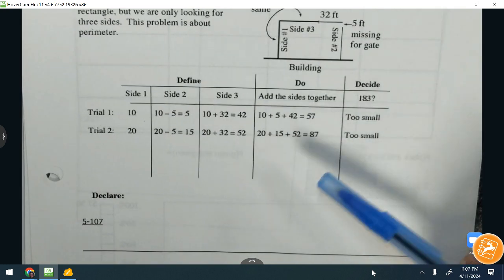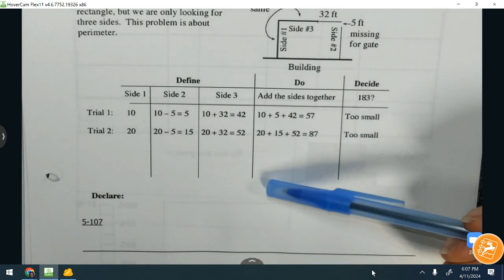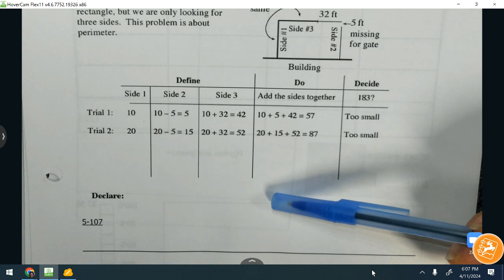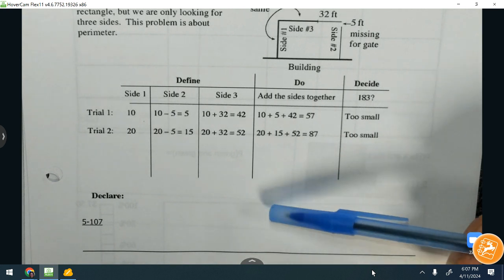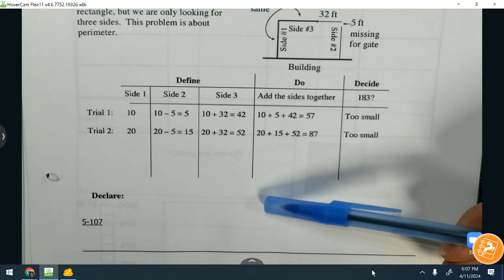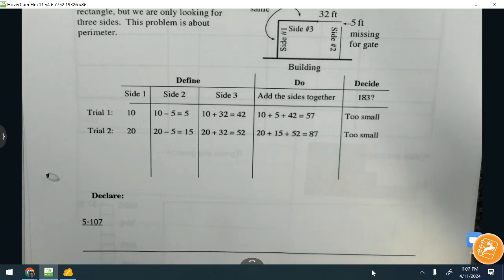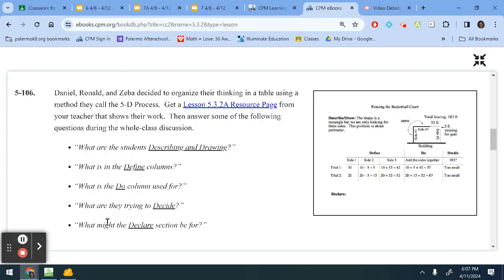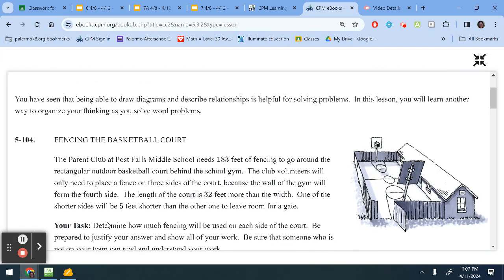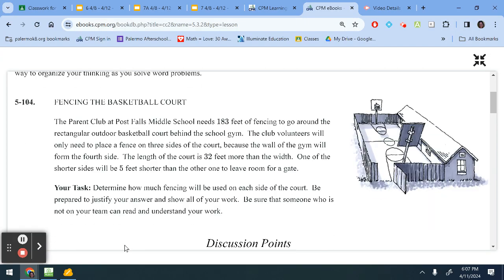And lastly, we have declare. Declare is where you're going to write your answer in a sentence. Now, it's really important that you know what your question is. So in this case, if I go all the way back to problem 104, it says determine how much fencing will be used for each side of the court.